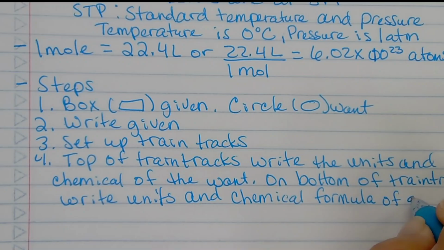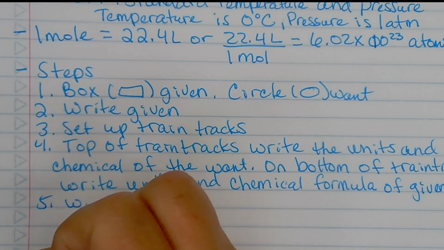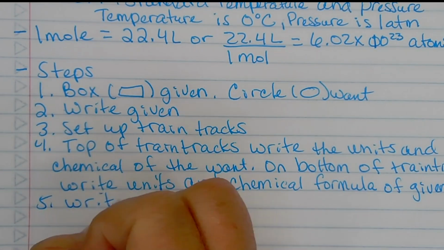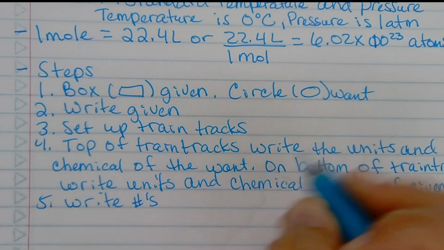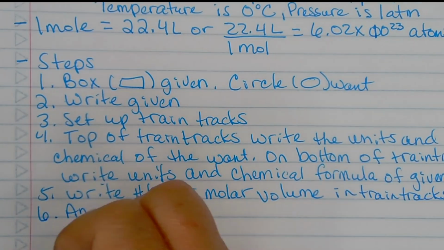And our last step is two more sets. Write numbers for molar volume in the train tracks. And last step, anything on top, what do you do with those two numbers?